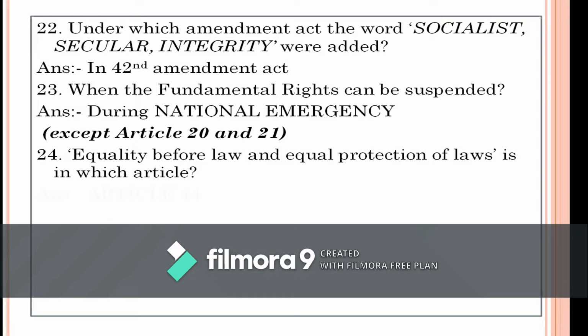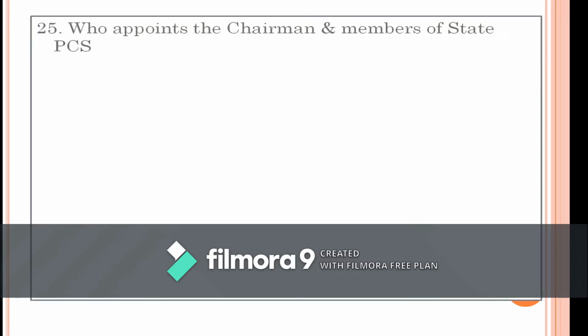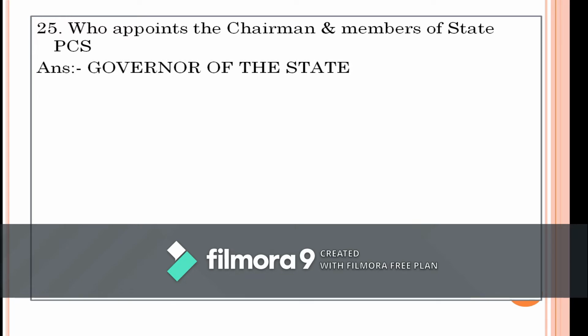The next question is, who appoints the chairman and members of the State PCS? That means the State Public Service Commission. The answer is the Governor of the state. The Governor of all the states appoints the chairman and members of the State Public Service Commission.